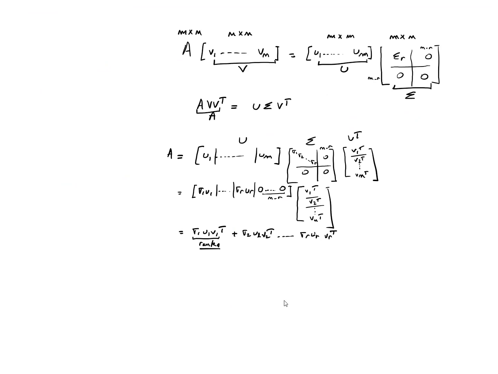So this is the decomposition that we had obtained in the previous slide, right? With the matrix V, the matrix U, and sigma. And by construction, V and U are orthogonal matrices.